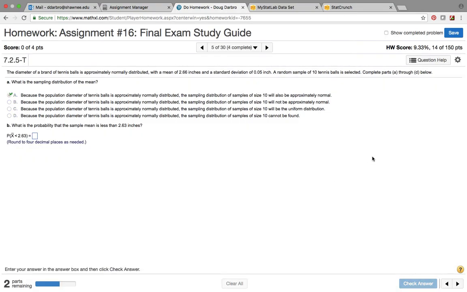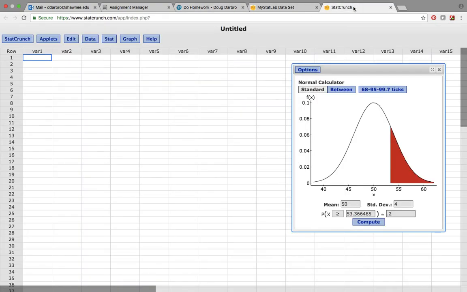What is the probability that the sample mean is less than 2.63? So again, we have a mean of 2.66, a standard deviation of 0.05, and a sample size of 10. So we want less than 2.63.